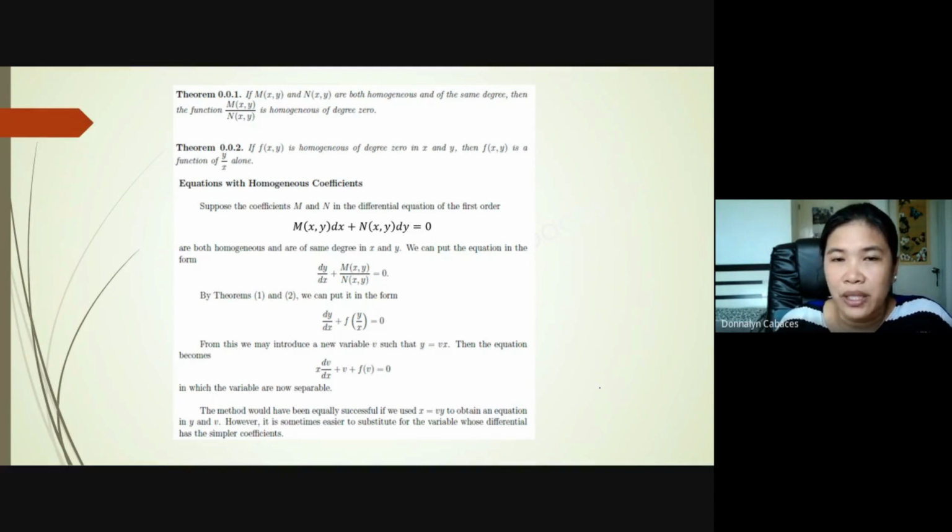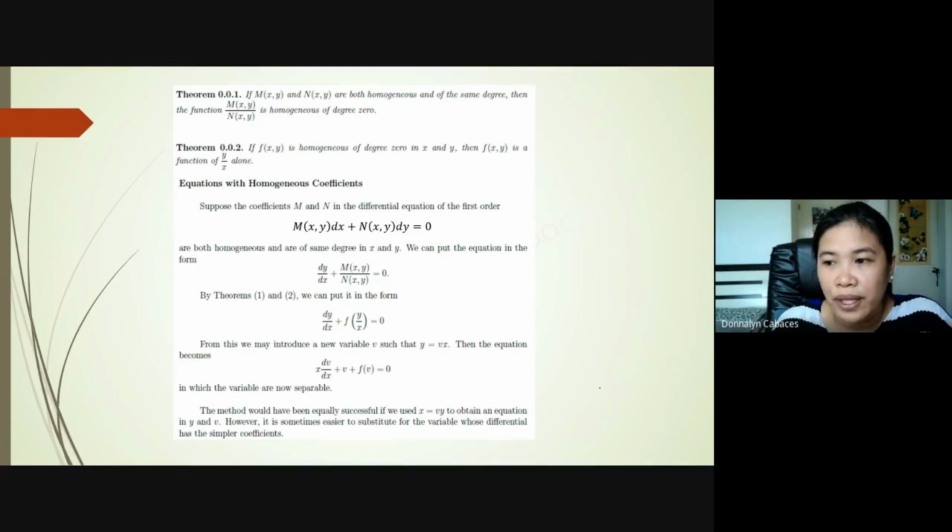And from this, we may introduce a new variable v such that y is equal to vx. So that is actually the start of the solution of a homogeneous differential equation. We are going to introduce a new variable, let us say v, in a manner that we let y equal vx, or it can be x equal to vy.